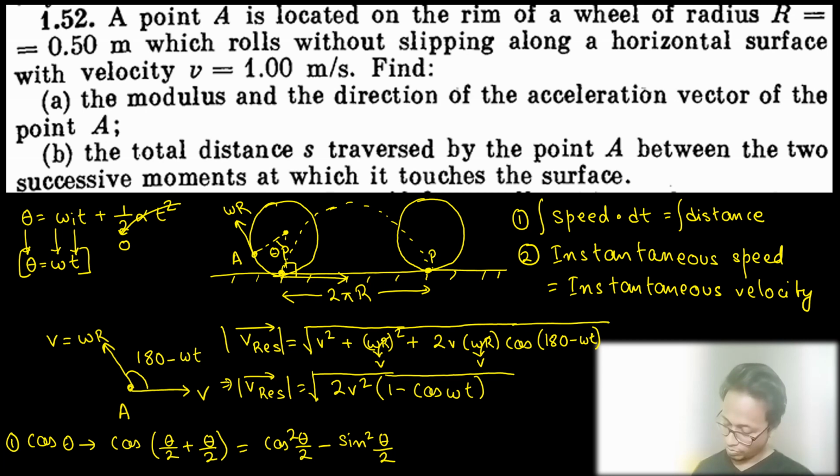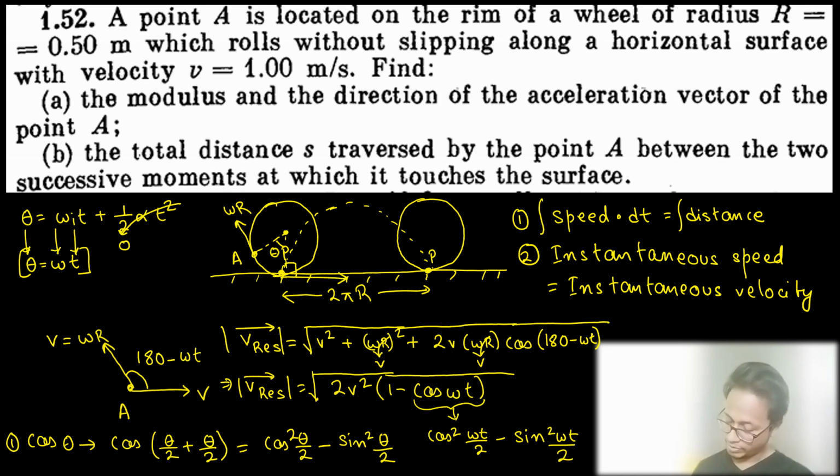So this cos omega t can be written as cos square omega t by 2 minus sine square omega t by 2.